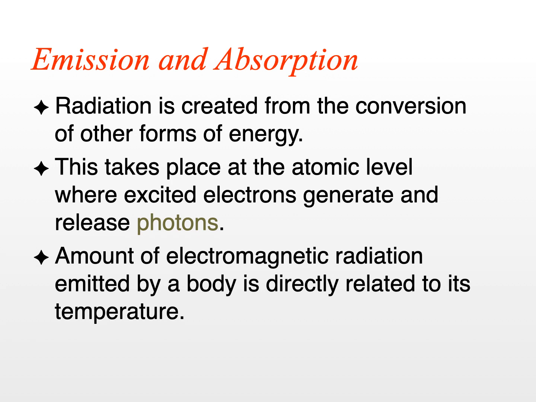Now let's look at the process of radiation emission from an object and how objects absorb radiation. Radiation is generated from an object by the conversion of other forms of energy. At the atomic level, this takes place when electrons are excited, and this causes the generation and release of photons.